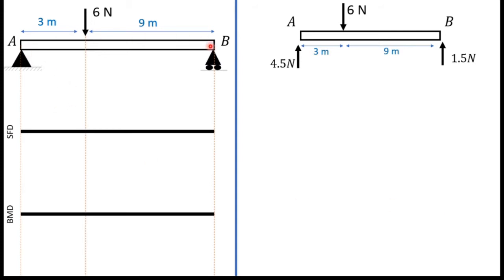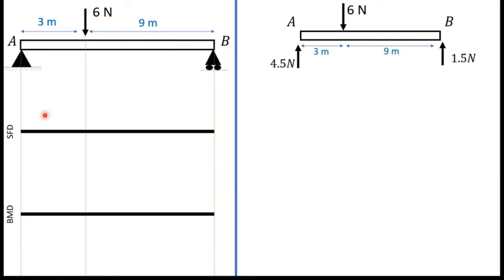So look at this diagram. You can see there are shaded lines here, right? There are three shaded lines. We usually draw shaded lines at supports. There are two supports, A and B, therefore two shaded lines. If we have a point load, we draw one shaded line through this point load.